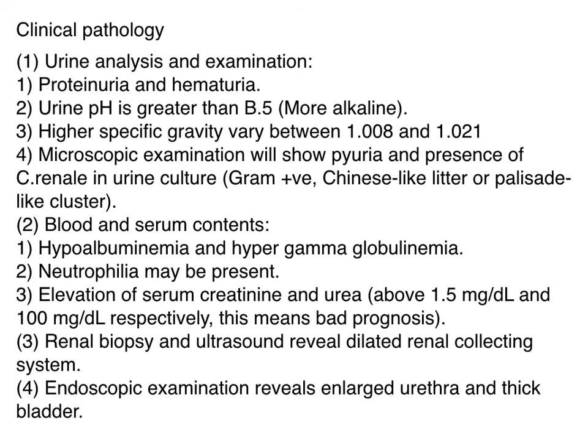Or palisade-like clusters. Blood and serum components: if we take a blood sample, we can notice the following: hypoalbuminemia and hypergammaglobulinemia. Neutrophilia, an increase in the number of white blood cells of the neutrophil type, may be present. Elevation of serum creatinine and urea above 1.5 mg per dl and 100 mg per dl respectively means bad prognosis.